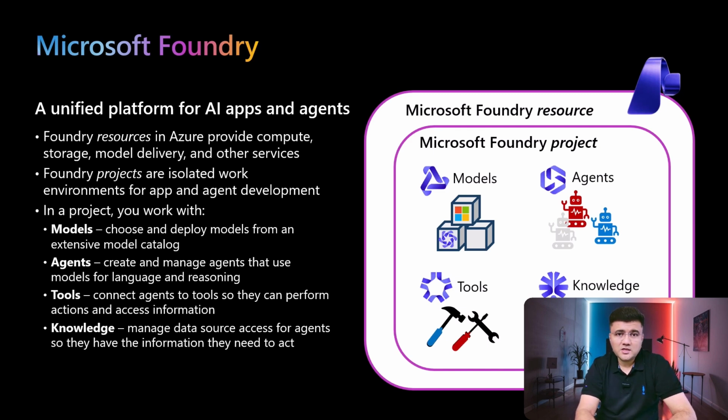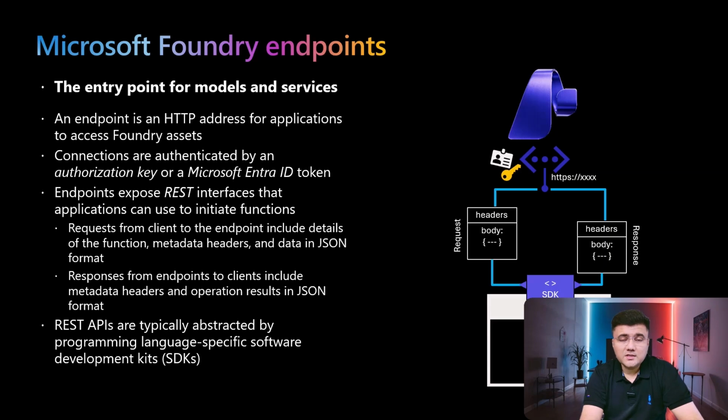Now let's talk about a third resource which is very important, which is called Microsoft Foundry Endpoint. You need to understand this very well, because most of the time when you focus on the word endpoint, I always say the endpoint is an entry point for models and services. Now think about this scenario: your Microsoft Foundry models, which are more than 11,000 models, are available on the Microsoft Azure cloud.